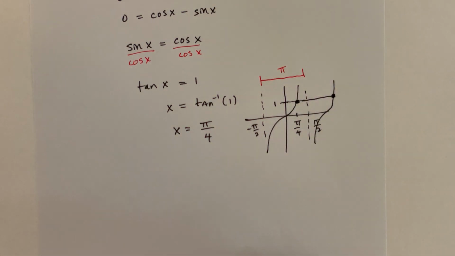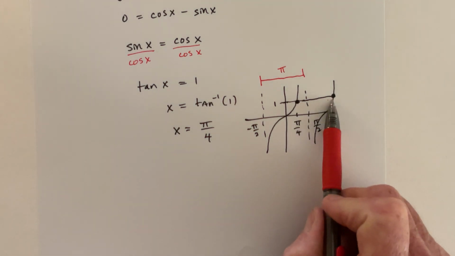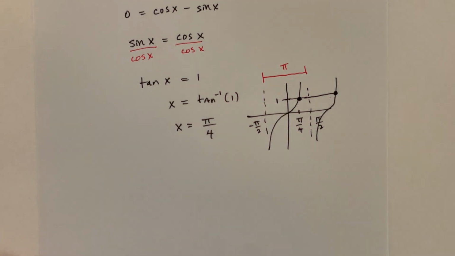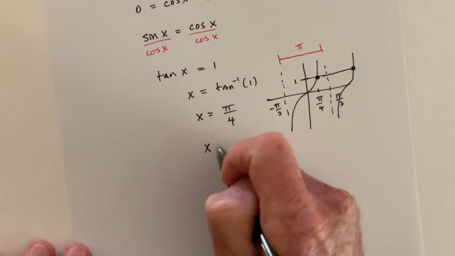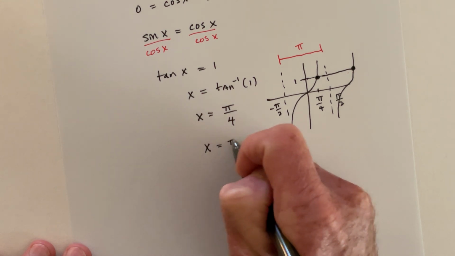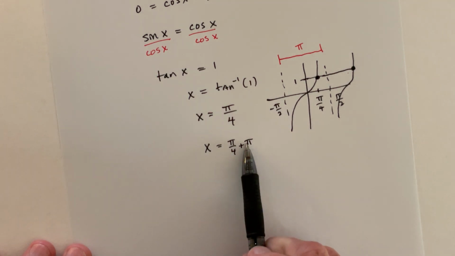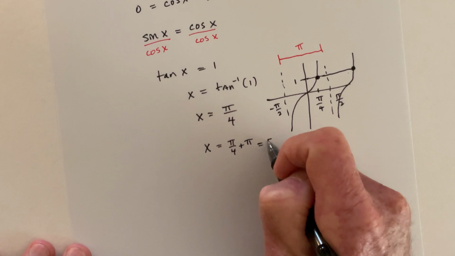So that's the period. So if you want to jump from this answer to this answer, then add pi. So just add a pi to this. And if you have a whole pi plus a quarter of a pi, then this would be 4 over 4 plus 1 over 4 makes 5 pi over 4.